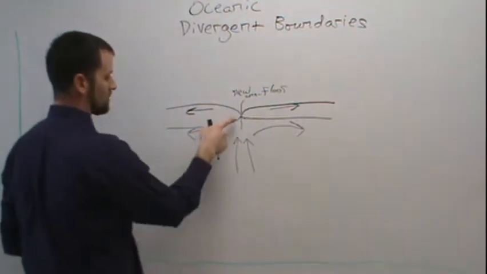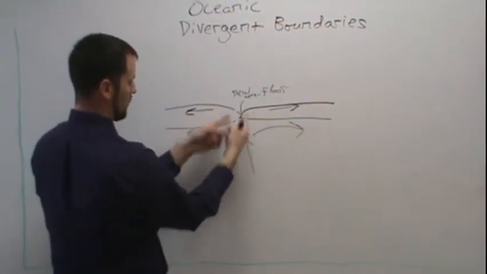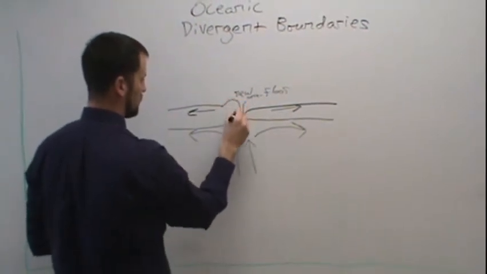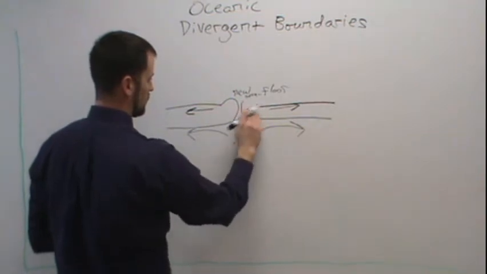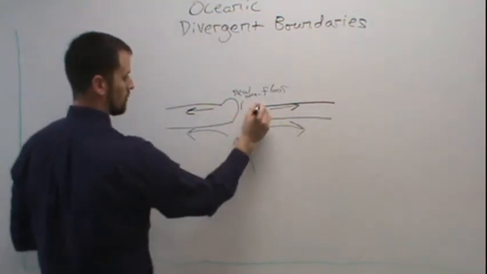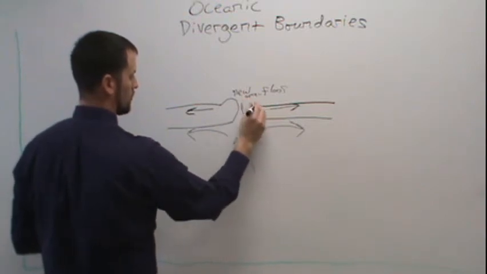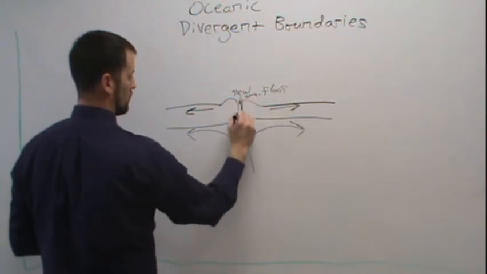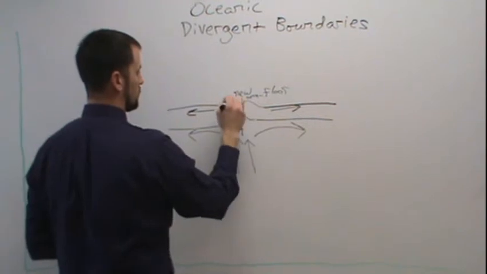And that rising magma also pushes the ends of these two plates up. So it creates this shape here, like this. All right, and this is called the mid-ocean ridge.